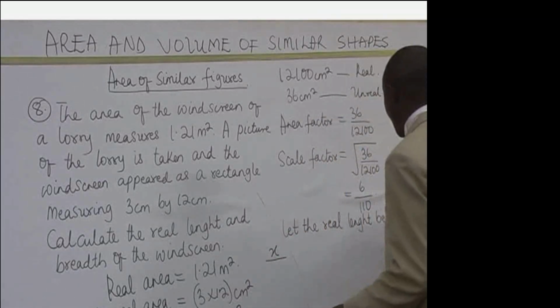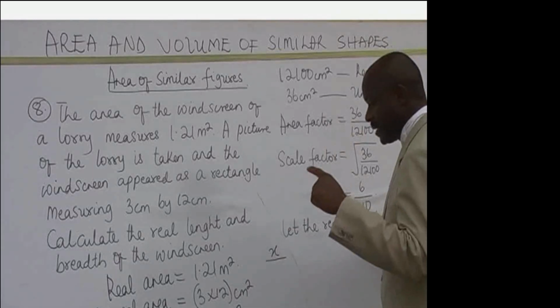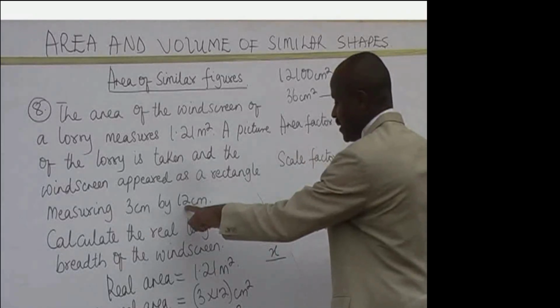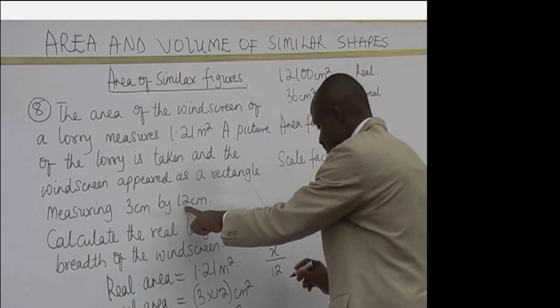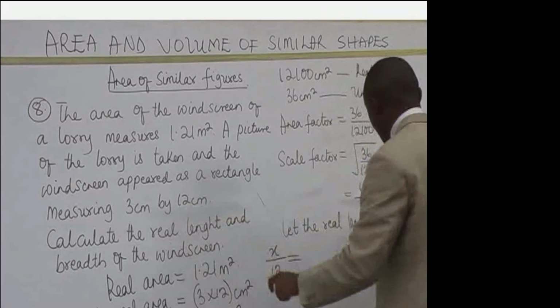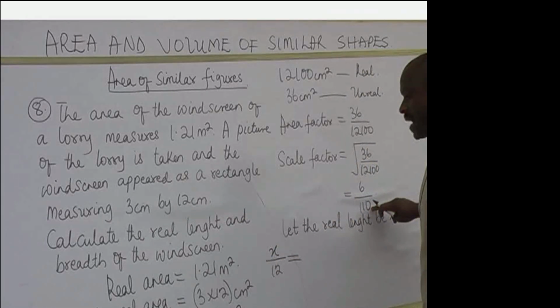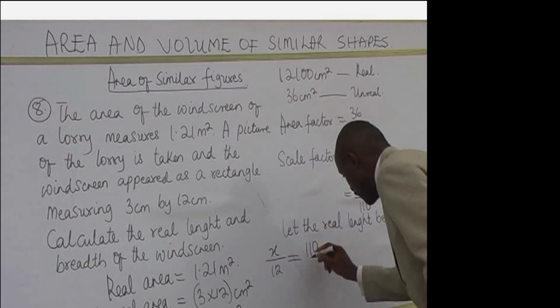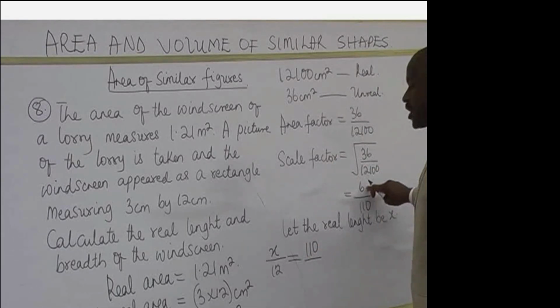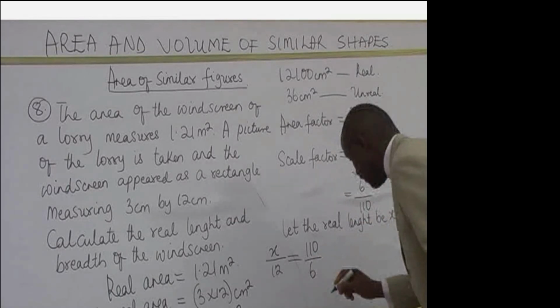This x, remember that x is the real length, divided by the unreal length, which is the length inside picture, 12, will be equal to the representation of the real length in the scale factor, which is 110, all over the representation of the unreal length in the scale factor, which is 6.